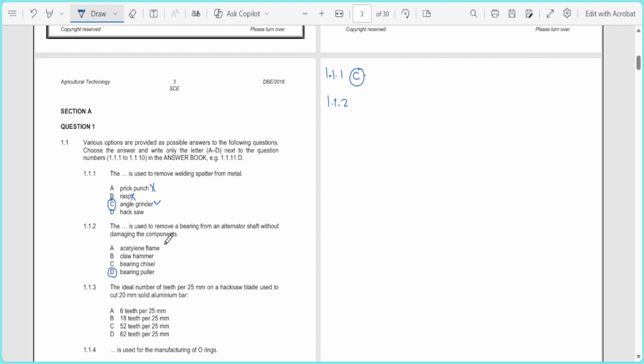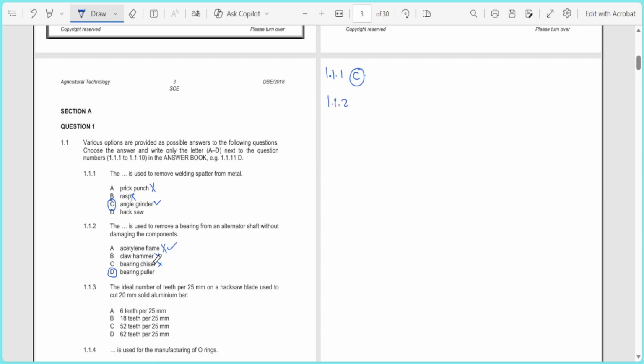Now, why are A, B, and C incorrect? First of all, an acetylene flame is not suitable for the job. Why? Because it could overheat and actually damage both the bearing and the shaft. So we cannot go for this one. What about B?